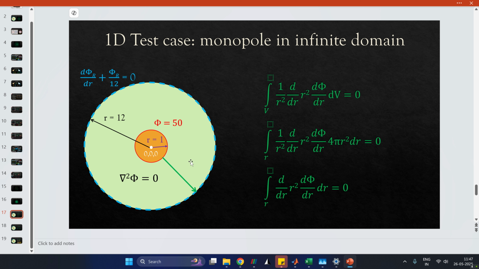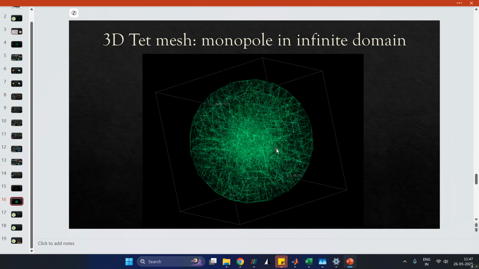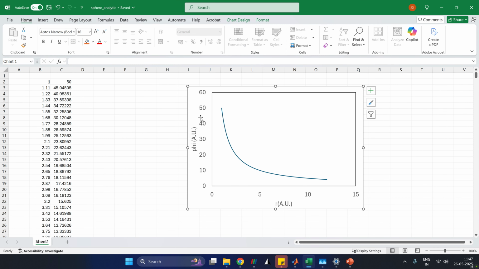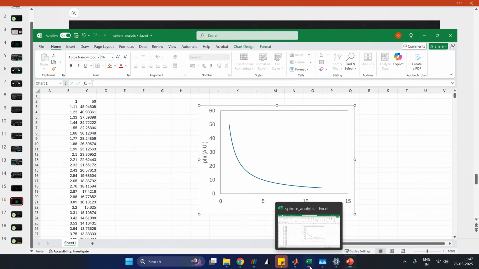We also solved this in 2D, in which case this becomes more like an infinite cylinder, but in 3D, we'll be able to put an actual sphere in an infinite domain. So we'll be solving this in X, Y and Z directions. And I have the analytical solution also here. In the 1D case, we plotted our 1D FEM solution against the analytical solution, and we got a really good fit. So let's try out what happens here as well.